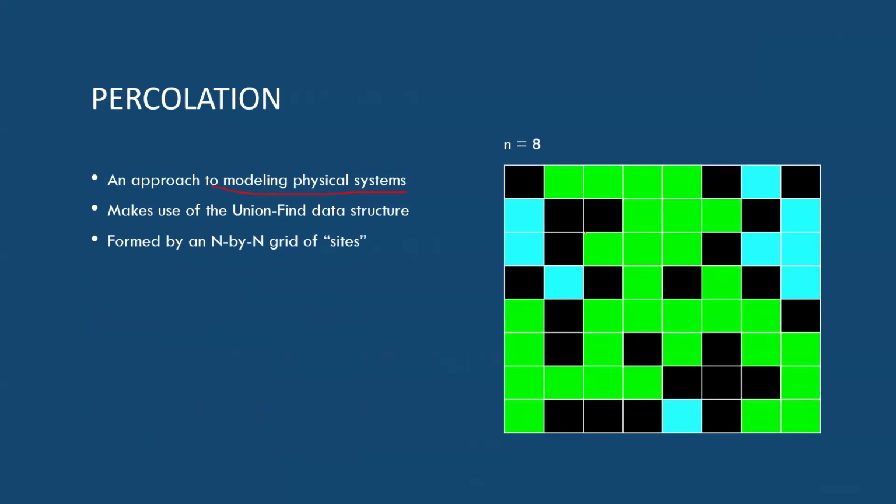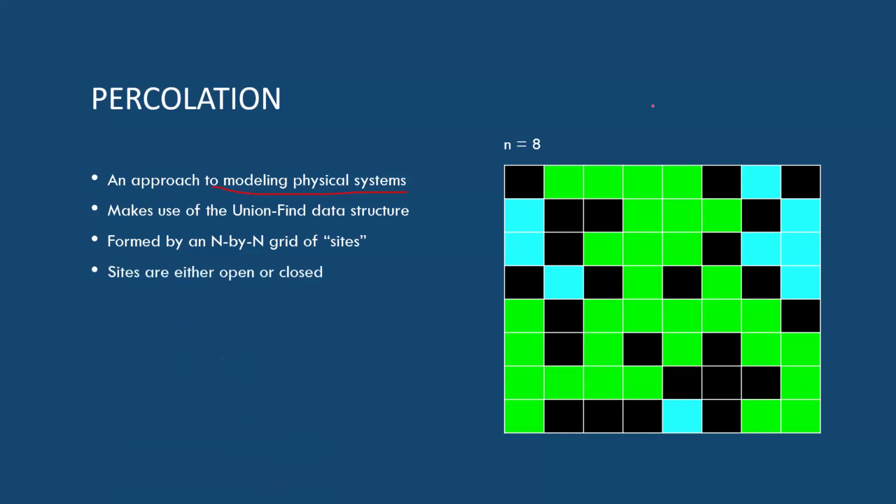So the idea is we want to form this grid that represents soil or electricity. So I worked at a 3D printing company where they were putting metal flakes inside of their resin for their 3D prints. And one of the questions they had was, is there going to be connectivity? What are the chances that enough of those little pieces of metal are going to line up so that the 3D print can actually be used to conduct electricity?